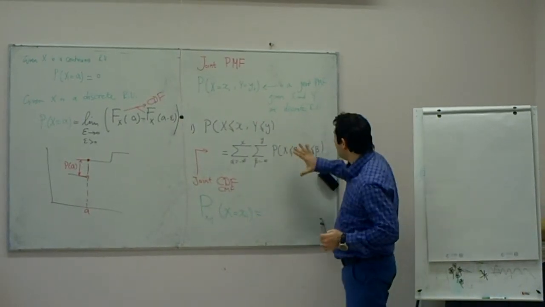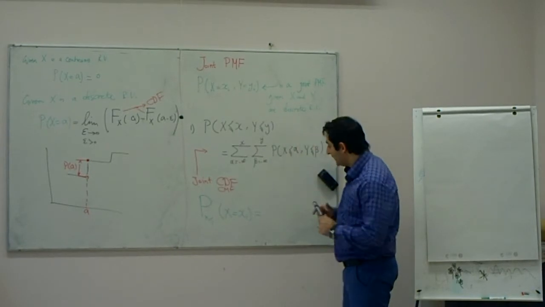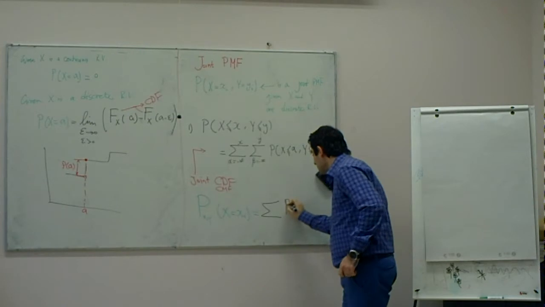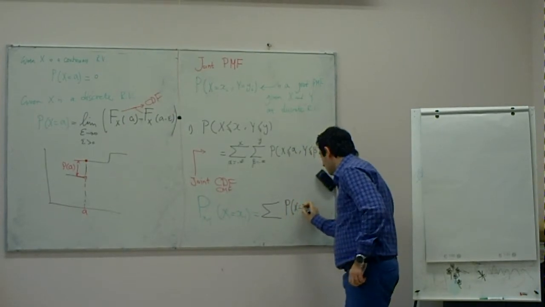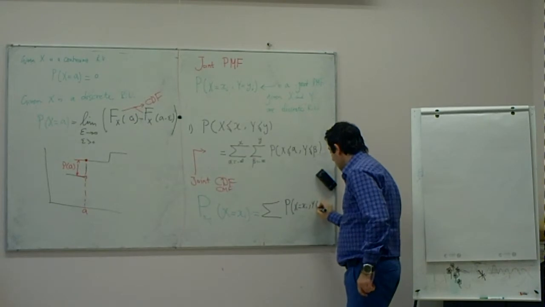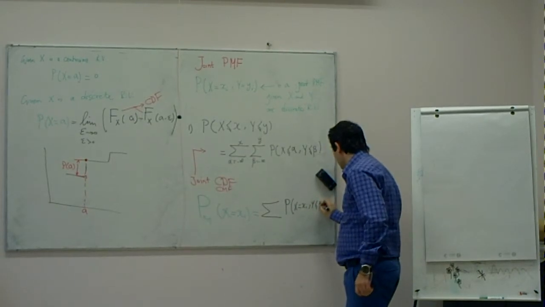So I have to get rid of the term y in here. So what I do, I say that this is the probability of X is equal to xi and Y is less than or equal to, let's call it beta.